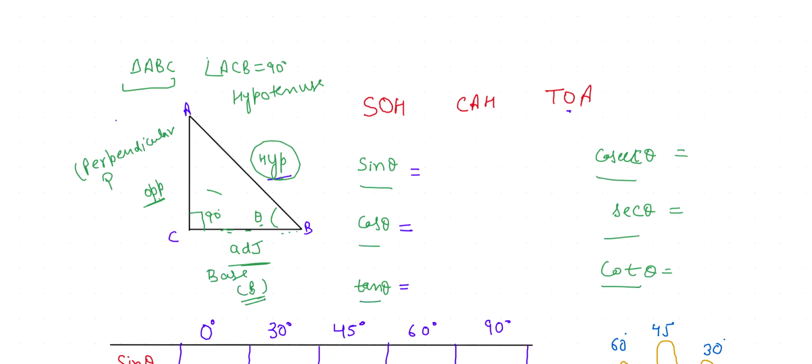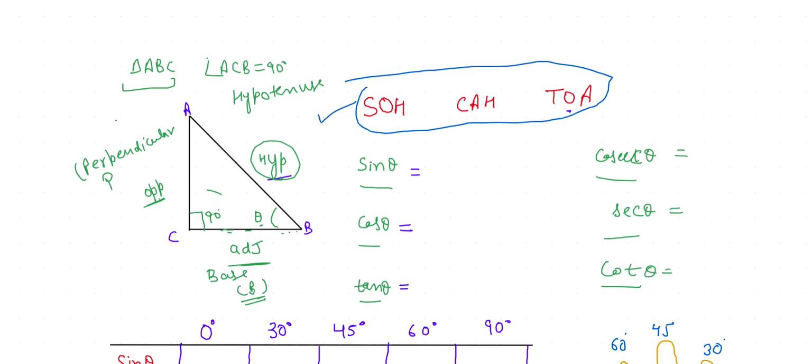To remember the expressions for these, we have to learn a line such as SOH, CAH, TOA. From this expression, we can learn the values of these.